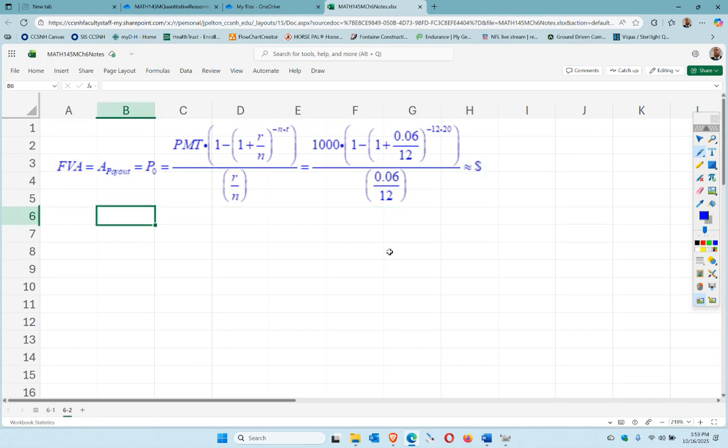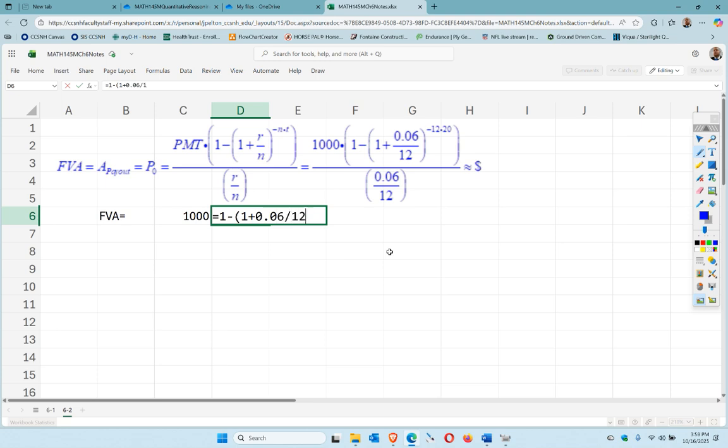All right, so the future value of the annuity equals, and you can use A equals like the book if you want to. Let's see here. So we're going to do the $1,000. And in this box here, we're going to do the 1 minus, parentheses, 1 plus 0.06 divided by 12.